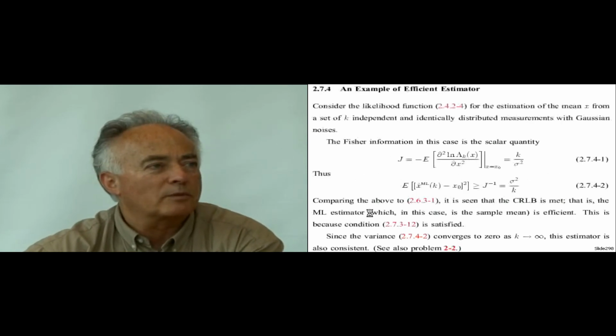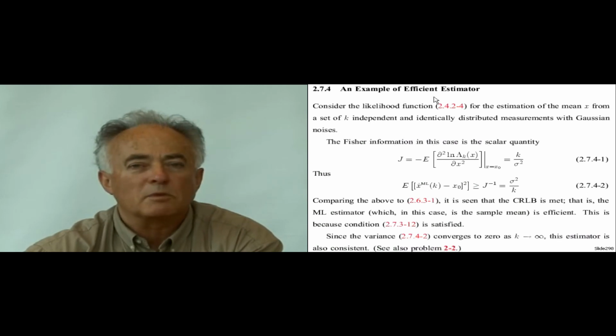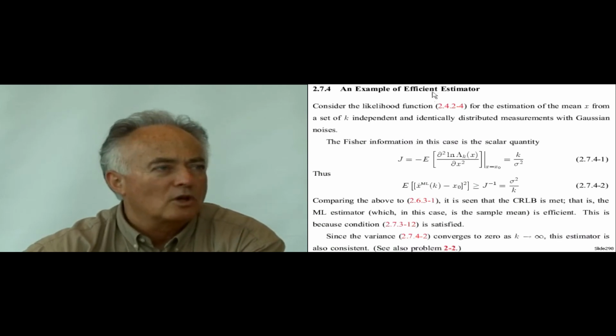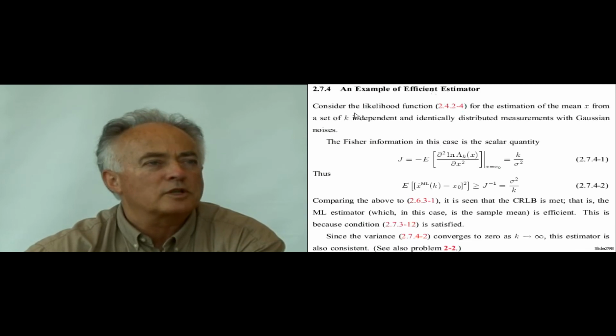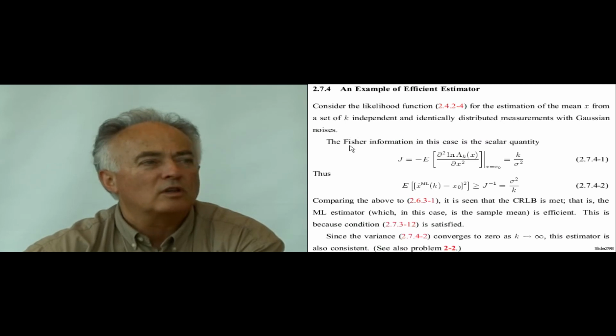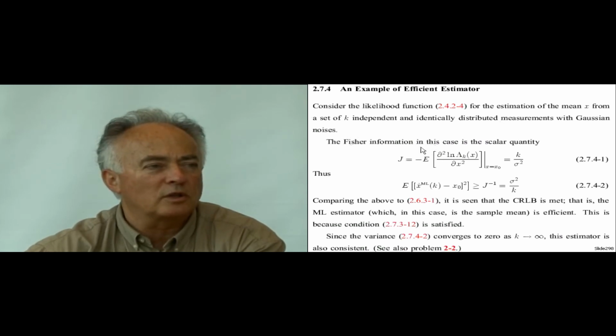Let's take an example. And this will show a simple estimator that is efficient. We'll look at the likelihood function for the estimation of the mean x from a set of k IID measurements with Gaussian noises. The Fisher information in this case is a scalar quantity.